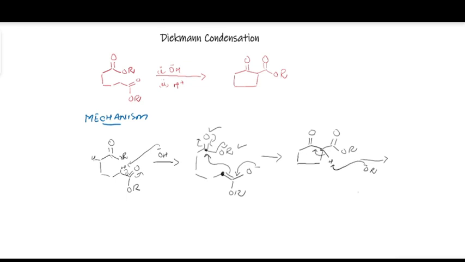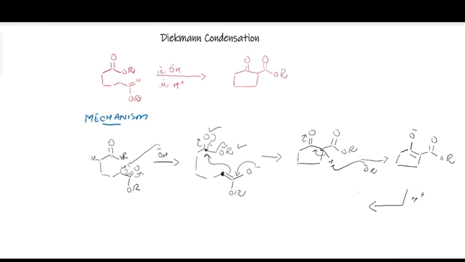which can lead to the formation of another enolate like this, with the removal of this alcohol molecule. This enolate anion is then treated with an acid.